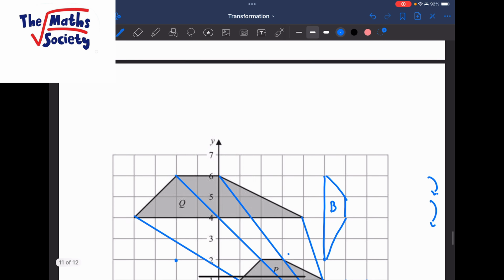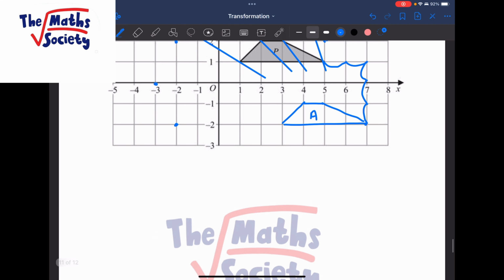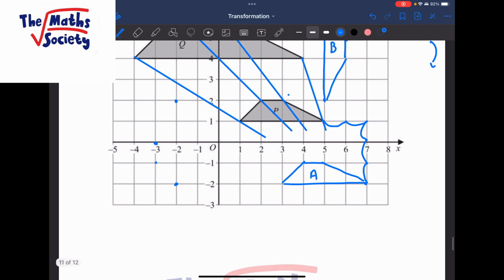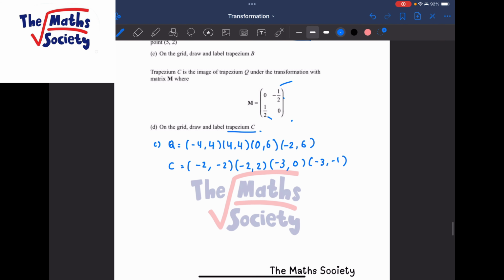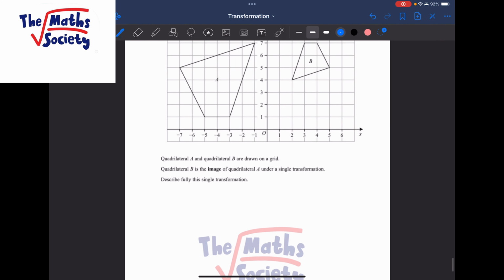And then -3, -1. So that's like this. Maybe this way, this way, this way. And that is your C, I believe. Yeah, we'll try to see. That's it.